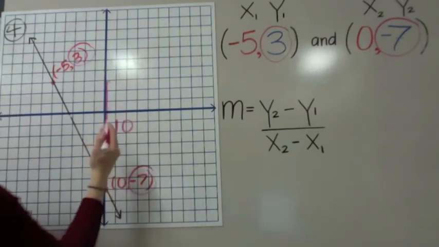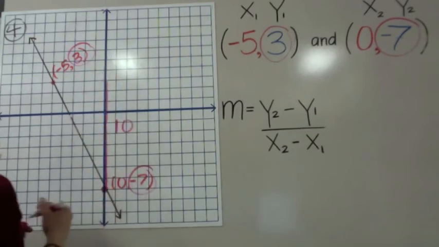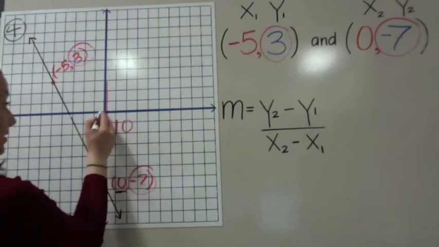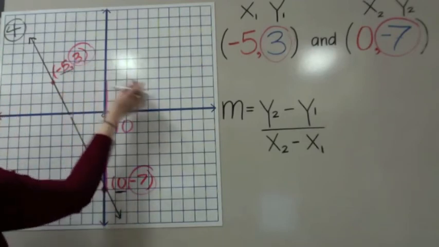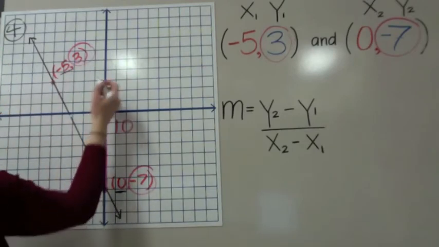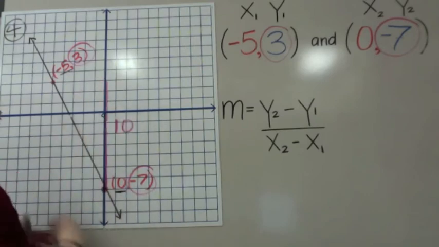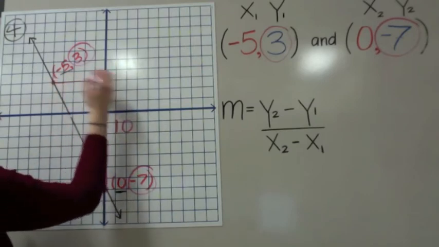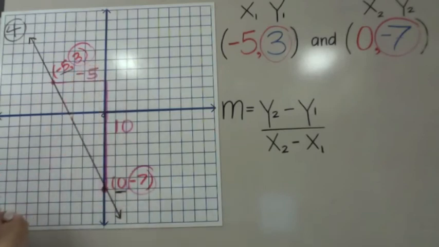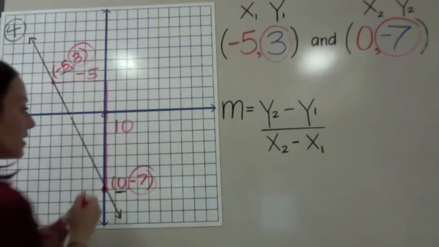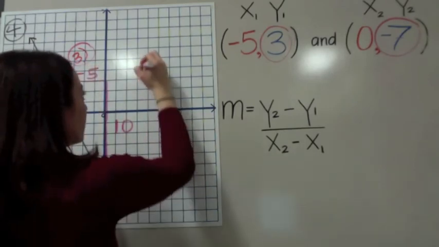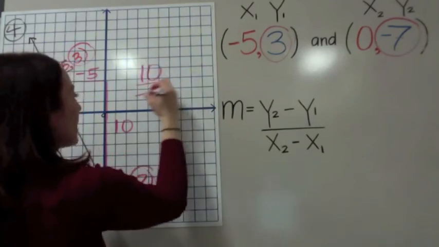Going up 10 from the y-intercept. And then on the x-axis, you're starting at 0, right? And you're going over in the negative direction, 5. So you're going over negative 5, which is telling you that this is a negative slope. So the rise is 10. The run is negative 5.